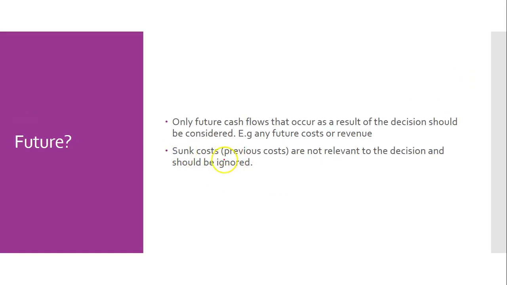And I said this already, only future cash flows should be considered. I highlighted this earlier on. Previous costs, ignore. Every time you see one, ignore it. Sometimes I mention the idea of beer. It is rare for anyone to look back and say, I'm going to drink another beer based on how much beer I drank in the last hour.